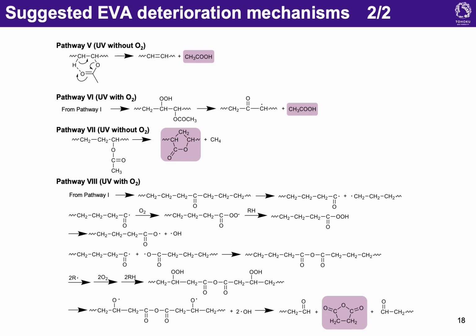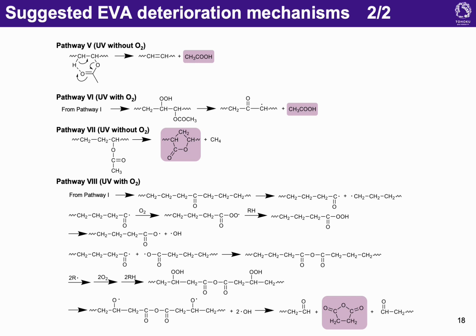Furthermore, the progress along pathway 5, which is known as the Norrish type 2 reaction, was strongly suggested by the production of acetic acid during the UV irradiation. Pathway 6 may also lead to acetic acid formation. Gamma-butyrolactone was identified in the volatiles evolved during UV PY-GC-MS, suggesting the progress of pathway 7, which is known as a backbiting reaction.